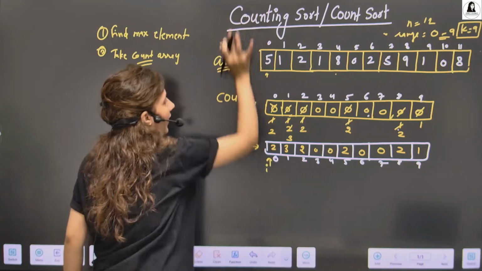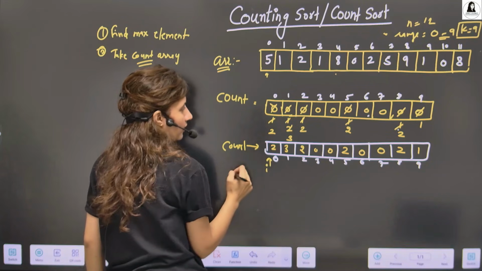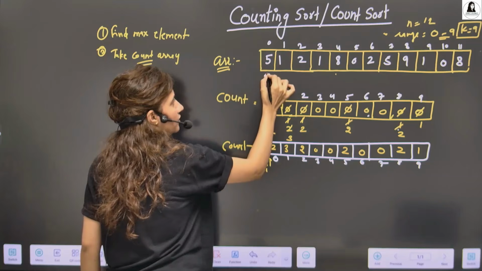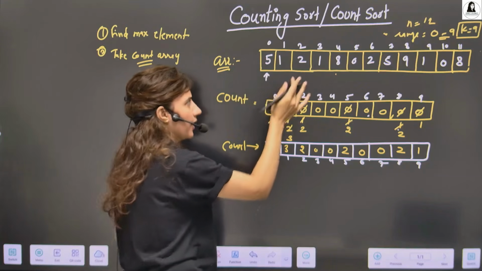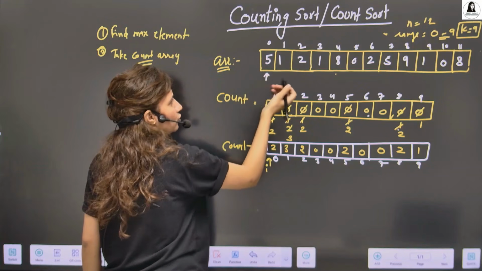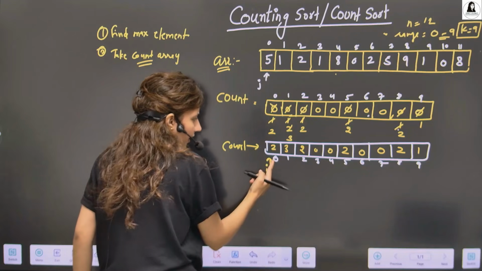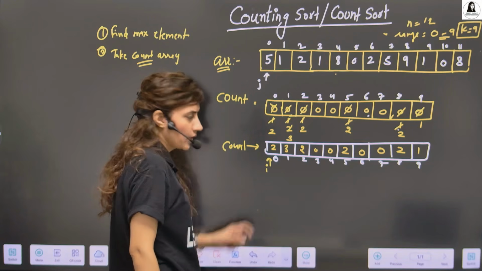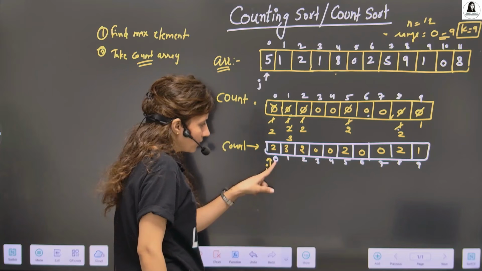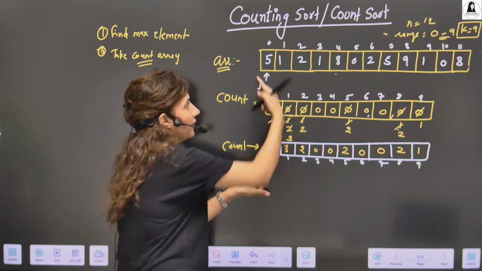Now see, at first we traverse the count array from here and we also keep track of an index in the original array. Suppose this is j and this is I. At first here we have 2. It means the element 0 is present 2 times in the original array.